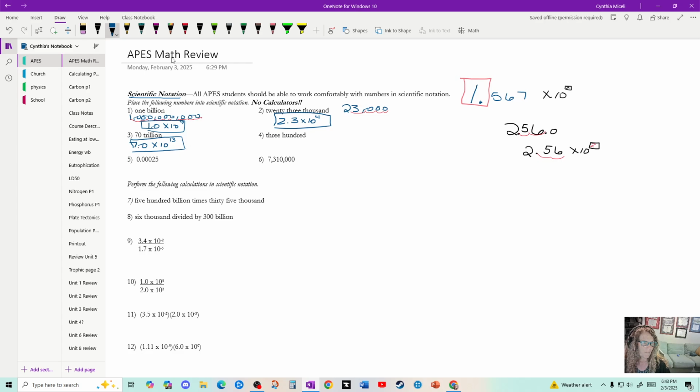Pretend that says 7.0 times 10 to the 13. Why? Because over here, a trillion would be 70 and then 12 zeros: 4, 5, 6, 7, 8, 9, 10, 11, 12. And so again, if I bring this decimal point all the way to here, I moved it 13 times over. That's all that means.